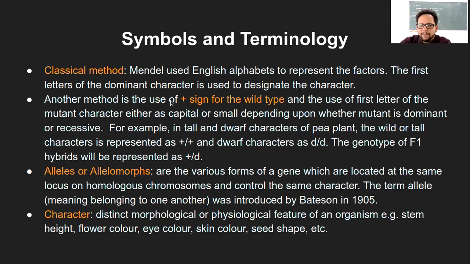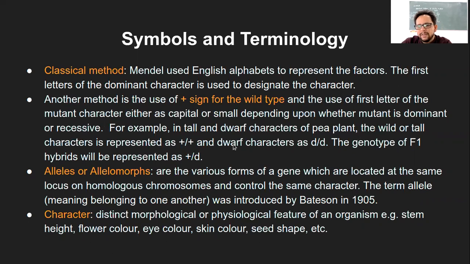In the other method, we use the plus sign for the wild type and the first letter of the mutant character, either as a capital or small letter, depending on whether the mutant is dominant or recessive. So, for example, in the tall and dwarf character of the pea plant, the wild or tall characters are represented by plus plus because this is homozygous dominant, right?